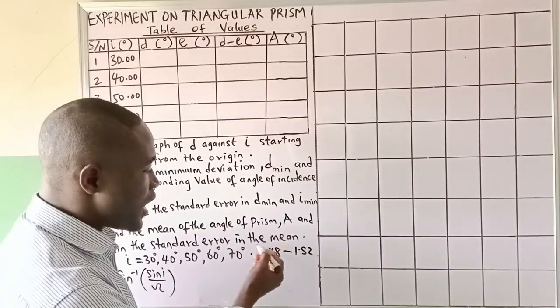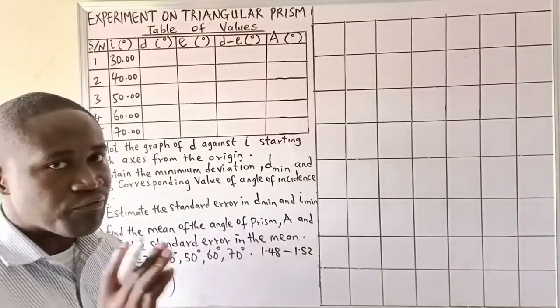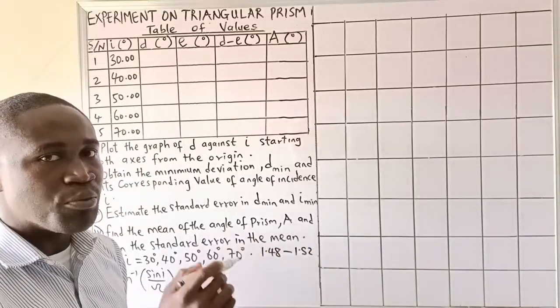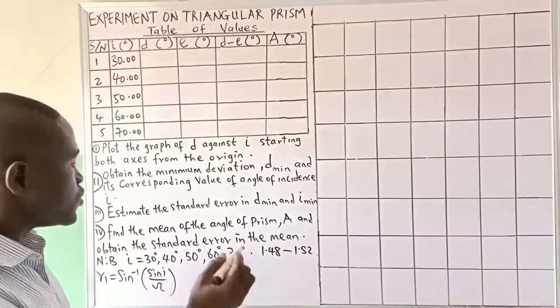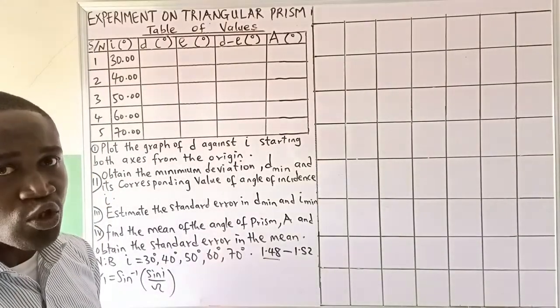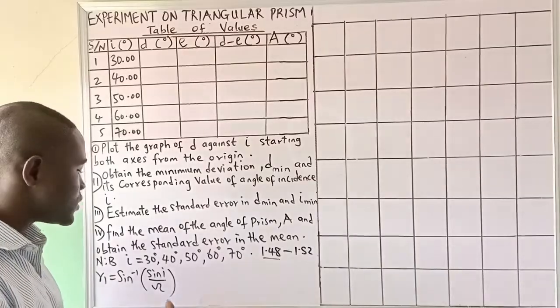This is enough to be your range of values, because when you add the two and divide by 2, you get 1.50. So I'll be using 1.48 because I want to use the formula method to derive it.